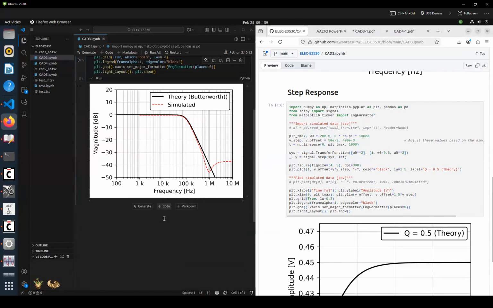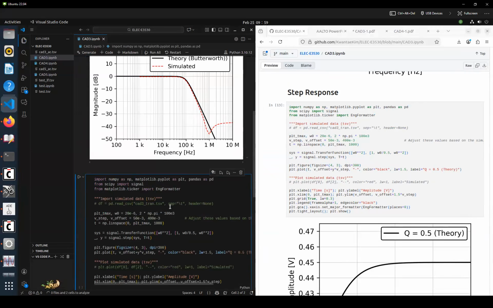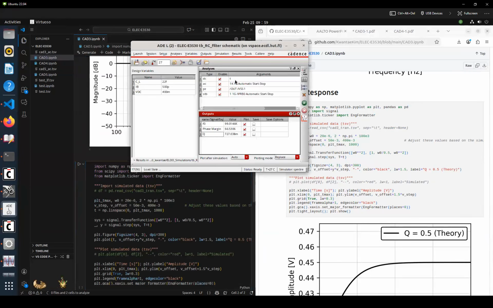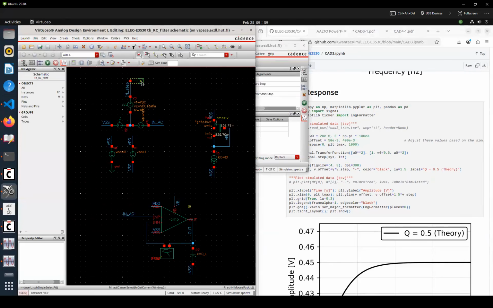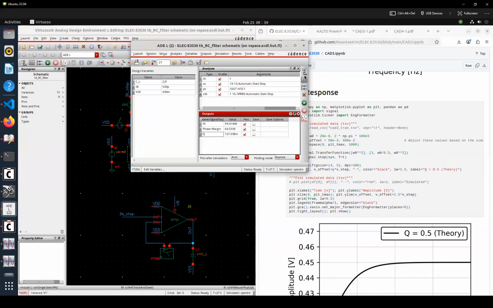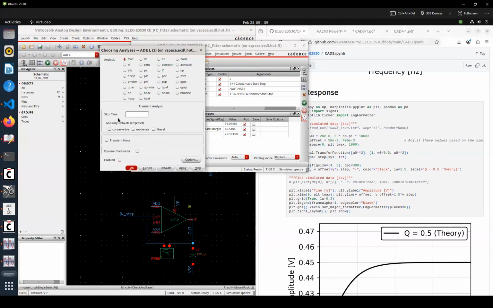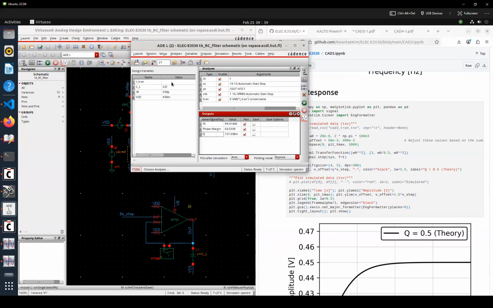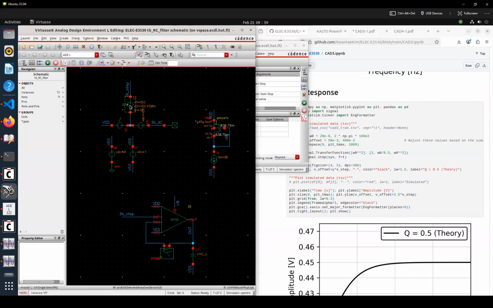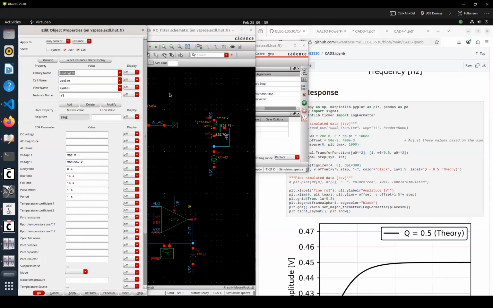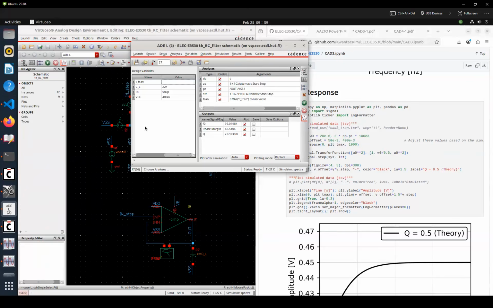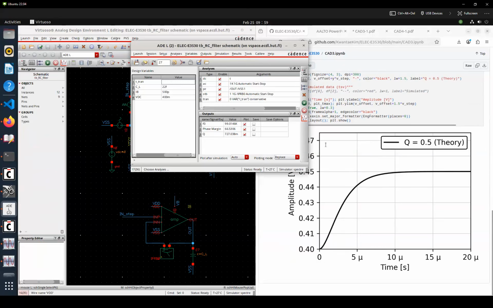Copy, paste here. And let me quickly run the step response. Okay. And the transient. Reset step. All right, step. And it was 20 micro.